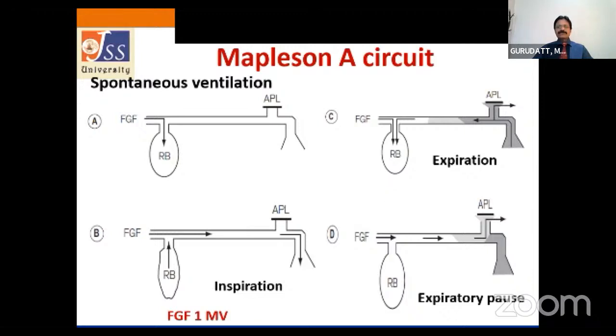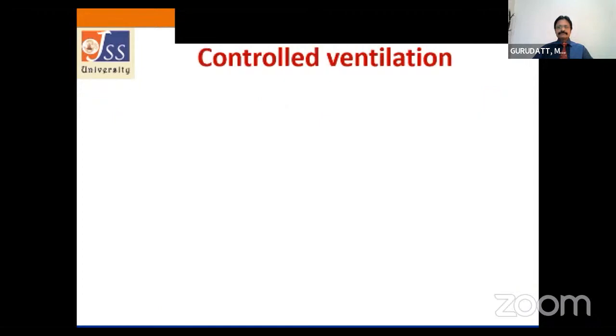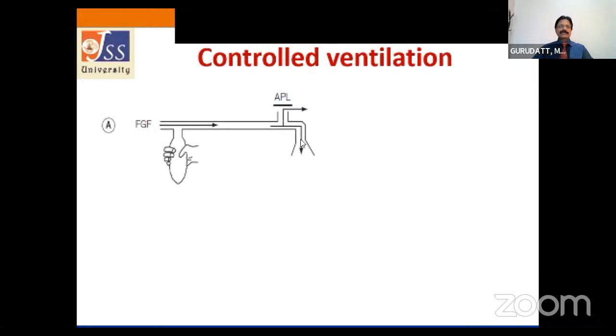Let us see what happens during controlled ventilation. So during controlled ventilation, the APL valve is partially open, or partially closed, you can say. So when the first breath, when the bag is squeezed, all the fresh gas flow will go to the patient and some amount of the fresh gas flow also leaks out, because at the height of the inspiration, as we increase the pressure, the expiratory valve will open and then the fresh gases also move out.